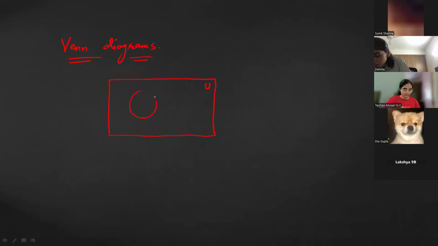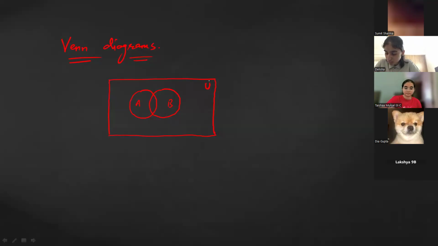For example, this is the first circle, so it is set A. This is the second circle, so this is set B. There can be many more circles. They will represent the sets inside this universal set U, right? So circles represent the sets and the rectangle represents the universal set. This is the basic representation of Venn diagrams, right?